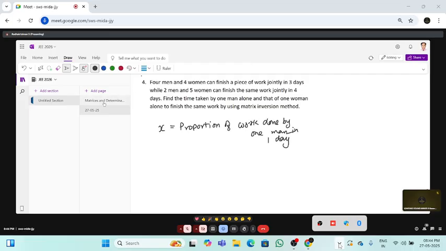And y be the proportion of work done by one woman in one day. So it is important to see how you define these variables.